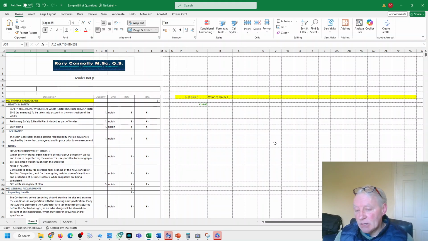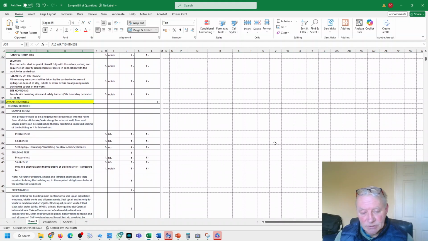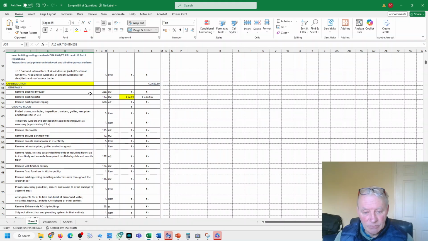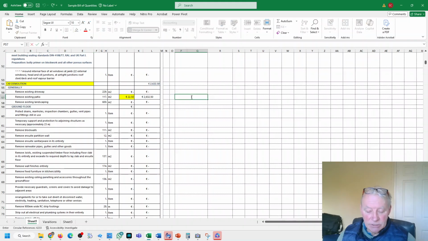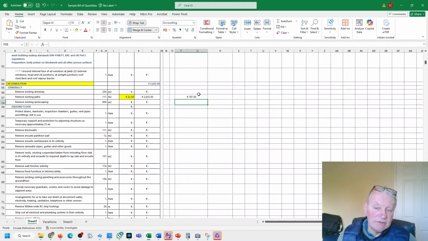So then it becomes a control system, a cost control system. For example, if you had €22.50 for removing the patio, and you suddenly found that there was an extra 35 meters, now you know that your rate is €22.50, and you now know that that's €787.50 to remove the extra patio.